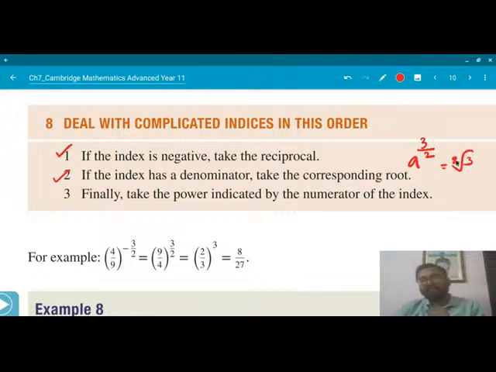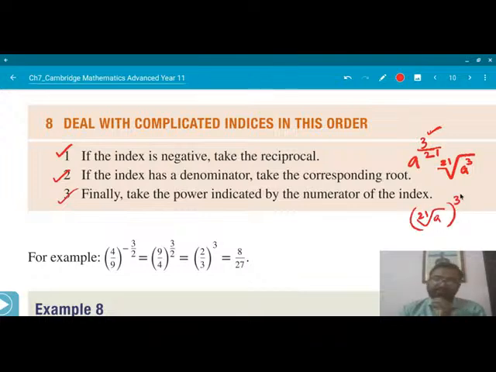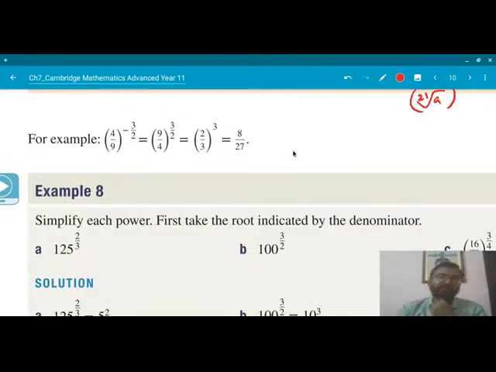For example, if 21 is in the denominator, it is the 21st root of a power 3. Finally, take the power indicated by the numerator of the index. The numerator will be the power. So it is the cube root of a power 21, that's also power 3. This is the final power. The numerator is the final power. Okay. See, negative.